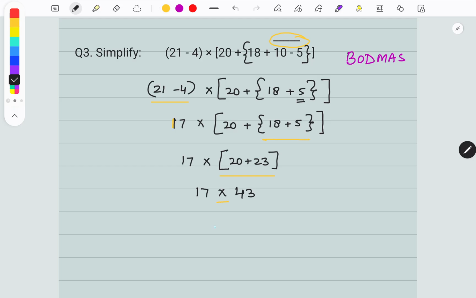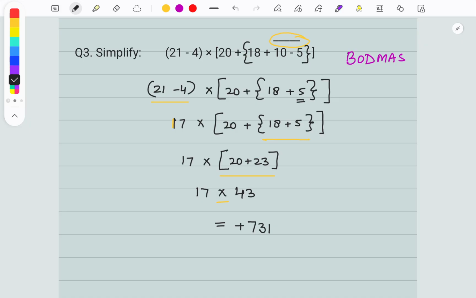So when we do 17 into 43, what do we get? We get plus 731. So we see that by following the rules of solving different operators, the sequence of solving different operators, the whole thing became quite simple for us.